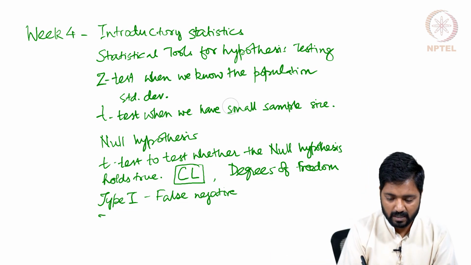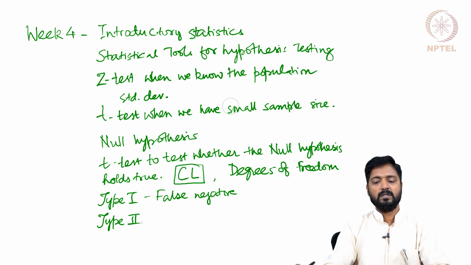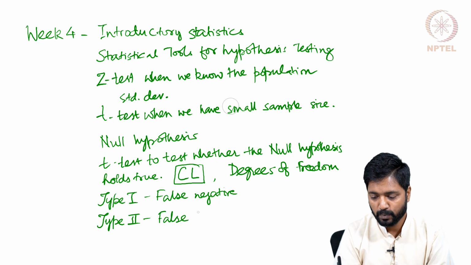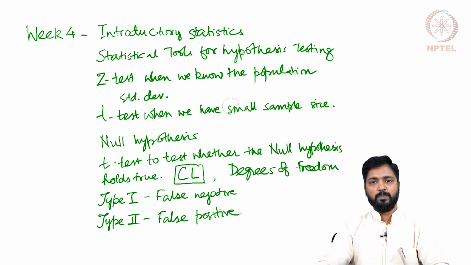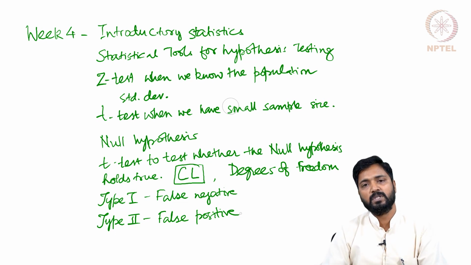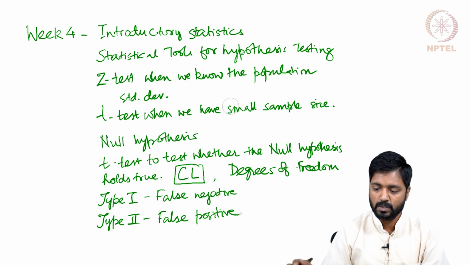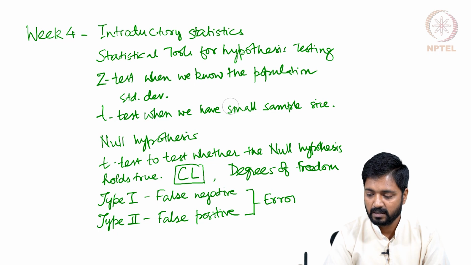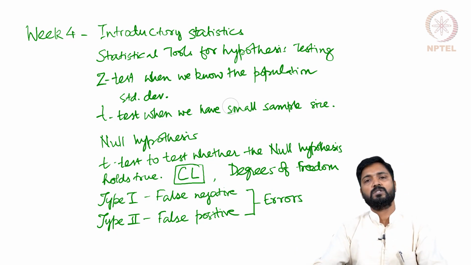Similarly, there can be a type 2 error, which is called the false positive, where we accept the null hypothesis when it is actually false. So these two errors are to be kept in mind when we are undertaking the hypothesis testing.